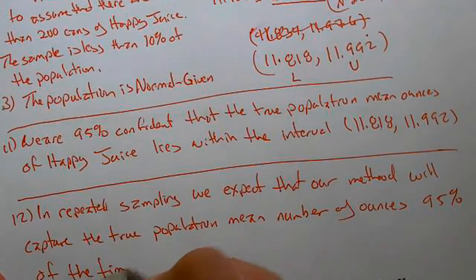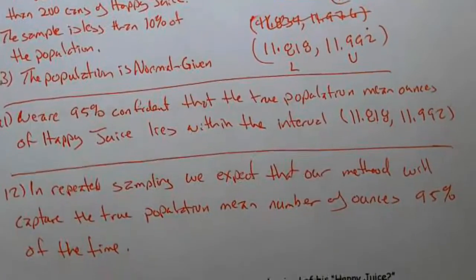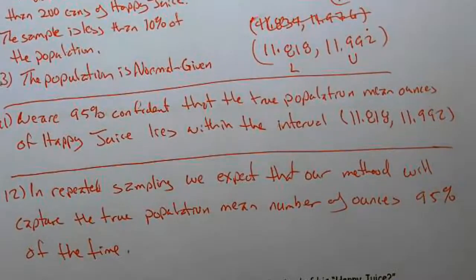In other words, if we did this an infinite number of times, 95% of the time it would work, 5% of the time it would be wrong, it wouldn't capture it. And so we just say if we did it over and over again, about 95% of the time it's going to capture the true population mean number of happy juices.